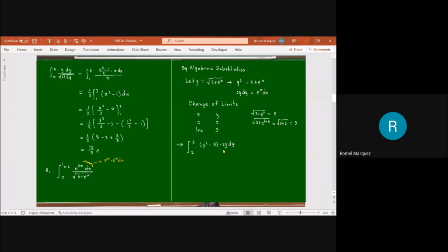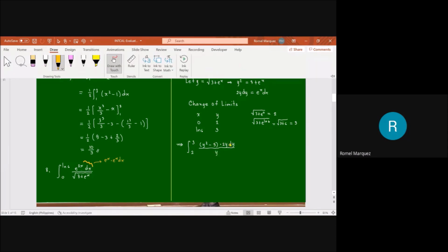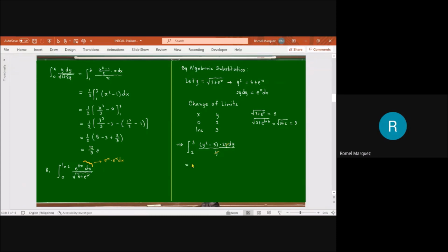2y dy all over this radical, which is simply y. So y is cancelled, getting this 2. I can put that out. Integral from 2 to 3 of simply y squared minus 3 dy, okay?